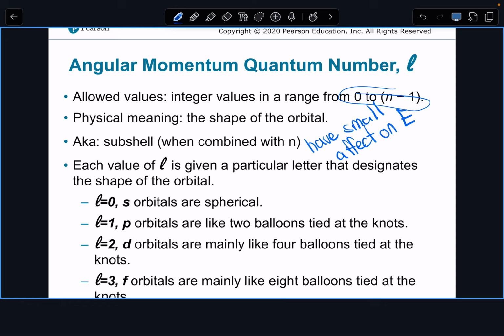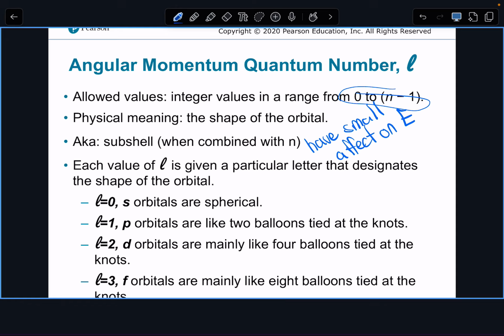To indicate this, I'm going to draw some lines. L equals 0. L equals 1. The reason I drew them different is because we just said that shape, or L value, has an effect on energy. It's not the biggest effect. n is the biggest effect, okay? But L does have an effect as well.